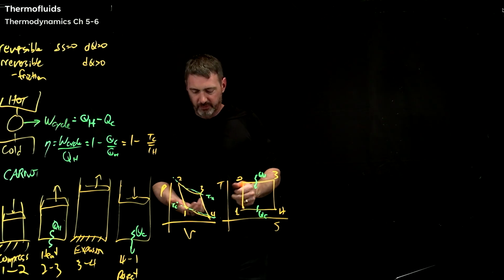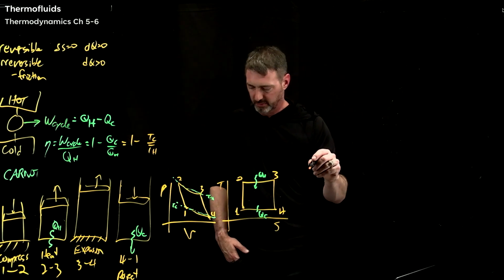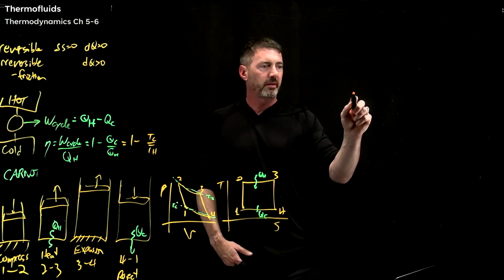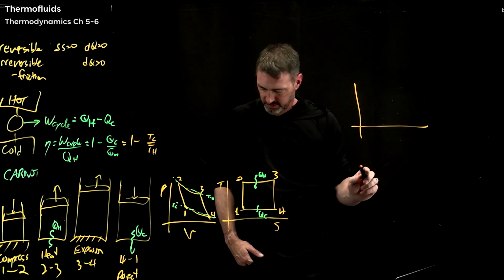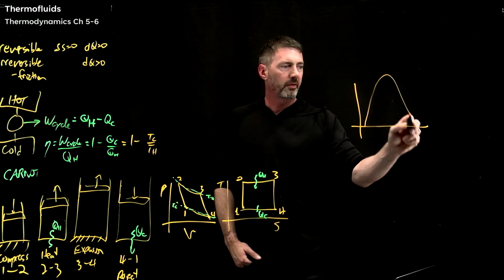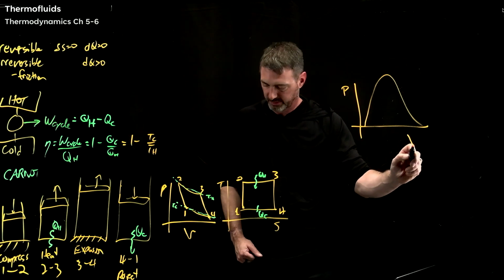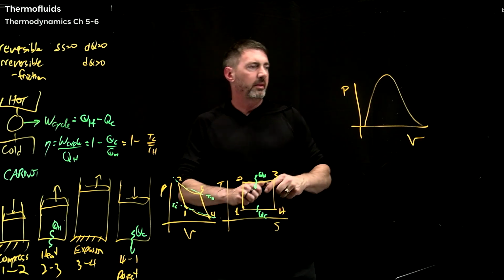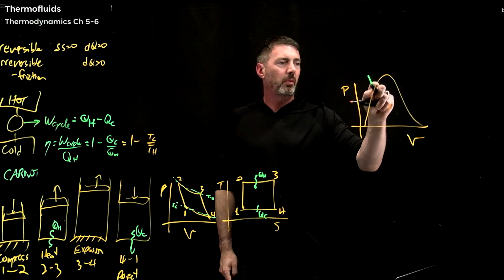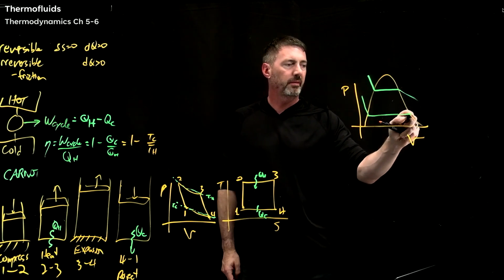Okay. So for example, one of the things we can build, we could come over here, and I'll draw it up like this. I'll use a vapor dome. And so if I have a system that's a vapor dome, this would be a PV diagram. And this could be water, right? Water going to steam, or honestly any kind of fluid.